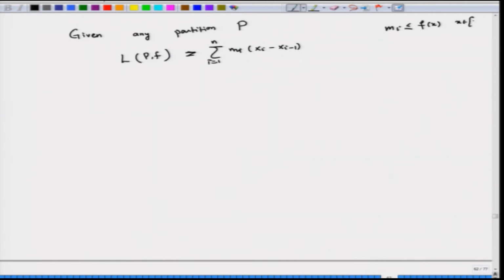And f is bounded. Therefore there exist small m and capital M such that small m is less than or equal to f of x, which is less than or equal to capital M, for all x belonging to [A, B].